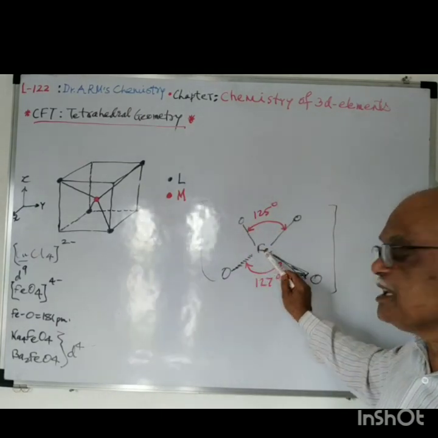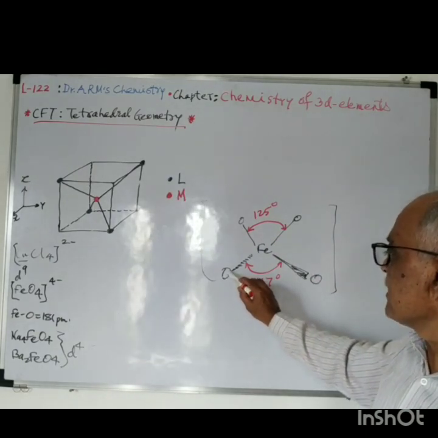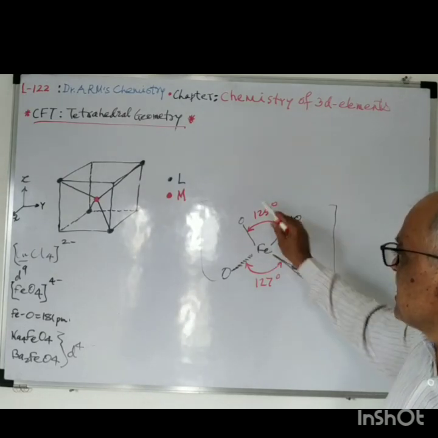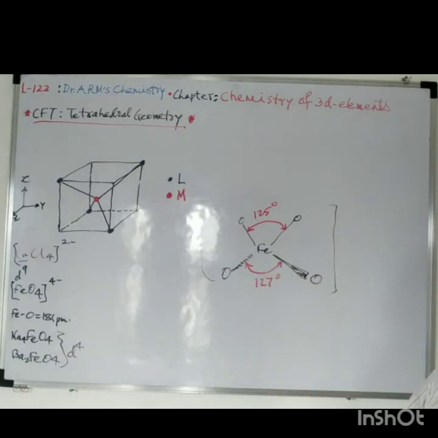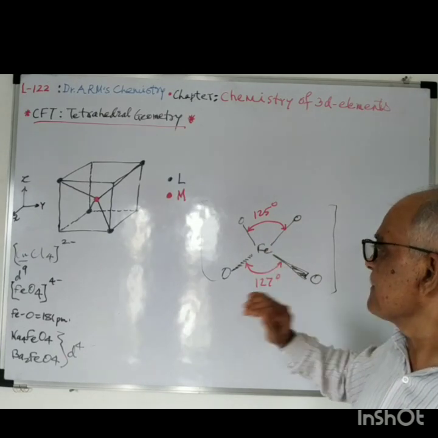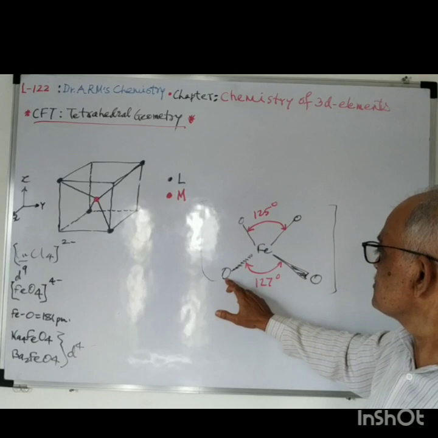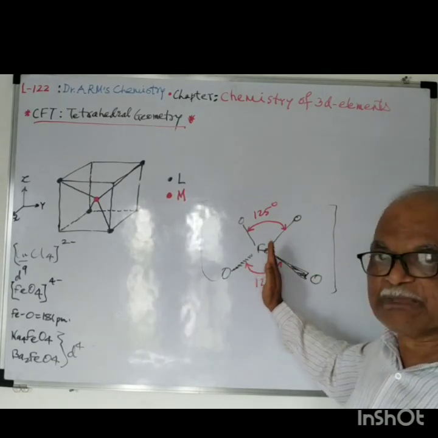Then the Fe is in the same place, but this oxygen is lying behind this plane, behind the board, and this O is pointing towards us. So this oxygen and Fe are in this plane, but this oxygen, Fe and this O lie in the other plane.